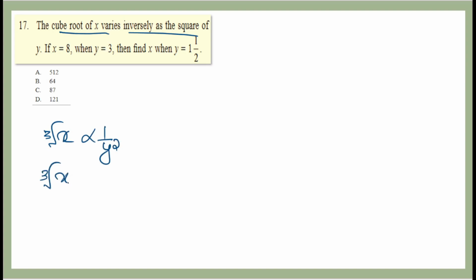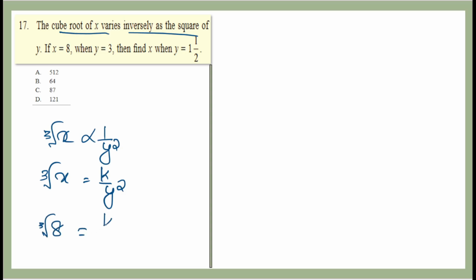Implies cube root of x equals k by y square. X equals 8 when y equals 3 means cube root of 8 equals k by 3 square. Cube root of 8 is 2. 2 equals k by 9, which implies k equals 18.